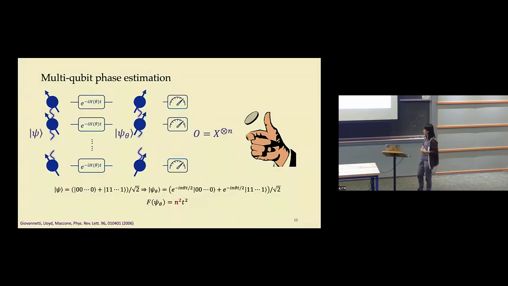You can see that the phase is going to accumulate n times faster than in the previous situation. And if you calculate the quantum Fisher information in this case, which is given by the parity observable X tensor n, the Fisher information is going to scale as n squared. So it is better than the previous standard quantum limit scaling. This is, in fact, the best scaling you can get in this scenario, and I'm going to call this Heisenberg scaling.